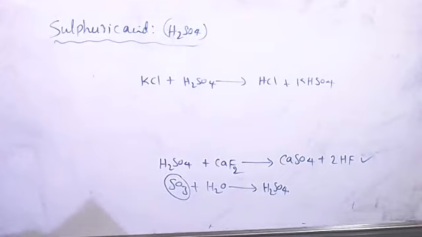A nation's industrial strength can be judged by the quantity of sulfuric acid it produces and consumes, because H2SO4 is used in many industries, mostly in the fertilizer sector and surfactants, meaning house cleaning purposes.